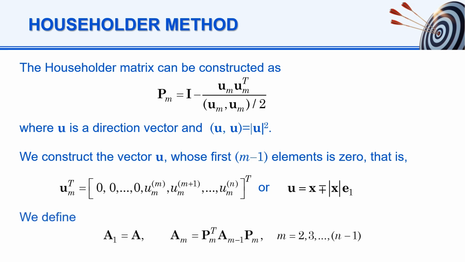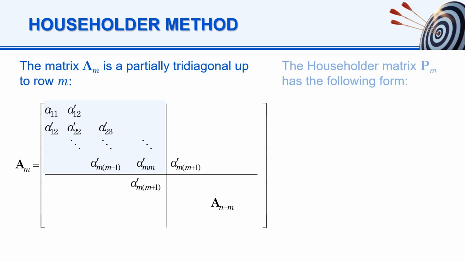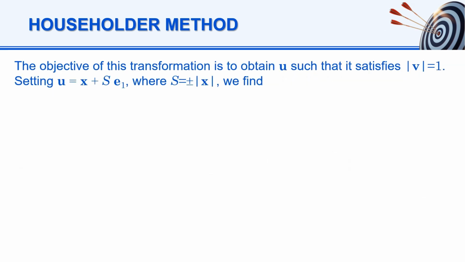We define the transformations as follows. The transformed matrix A sub m is partially tridiagonal up to row m. The Householder matrix P sub m has the identity matrix up to row m. The objective of this transformation is to obtain the vector u such that it is normalized to vector v.